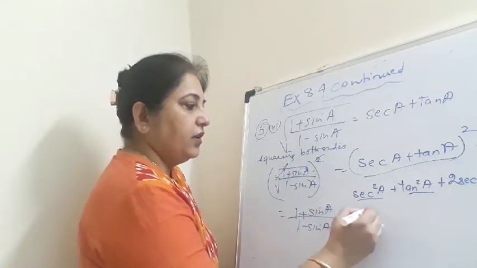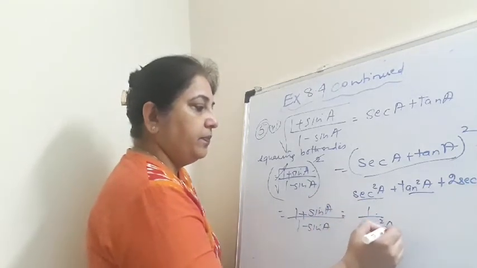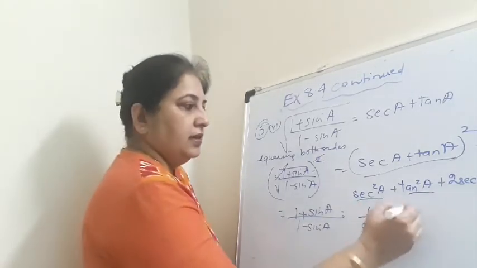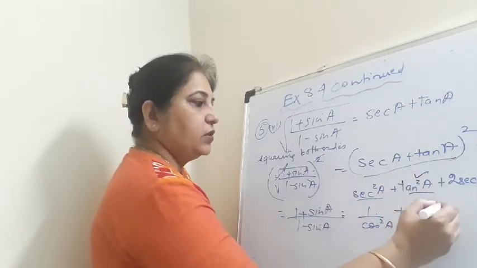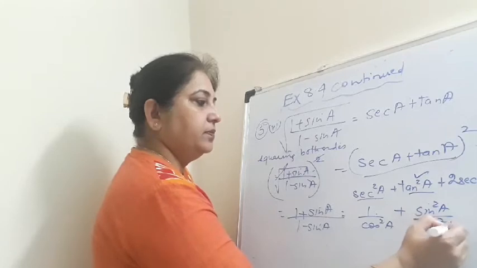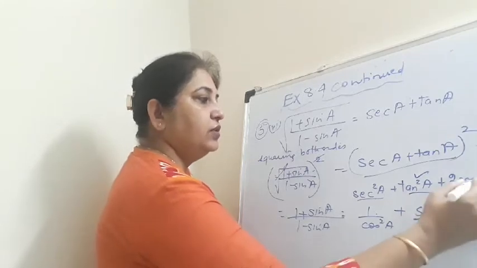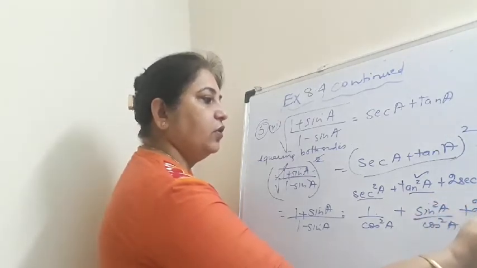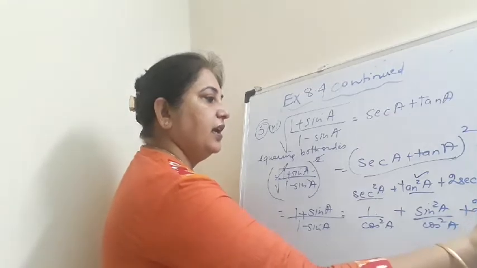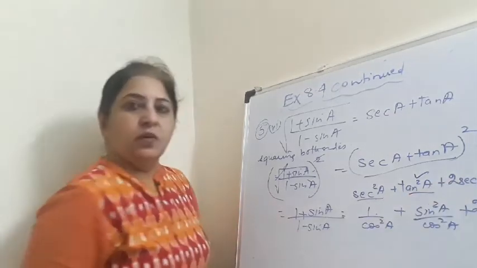Sec square A I can write as 1 upon cos square A, right? Tan square A I can write as sine square A upon cos square A, and 2 sec A tan A I write as 2 into 1 upon cos A into sine A upon cos A. Why am I changing?